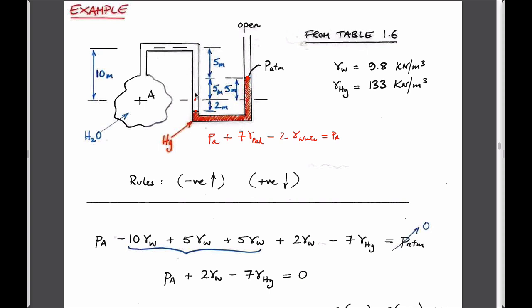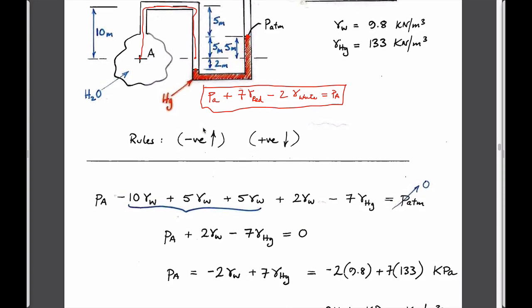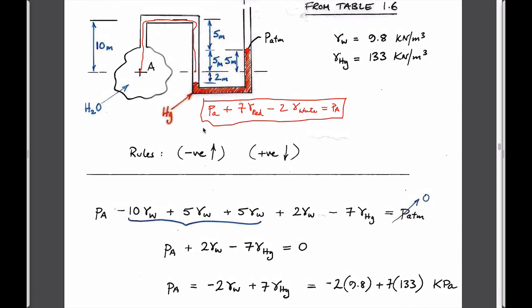This point here is obviously simply connected, and so that's it. That's by far the easiest way to write these expressions. We've done it several different ways, but that's by far the easiest. Of course, if gamma white is a gas, then you don't need this term.